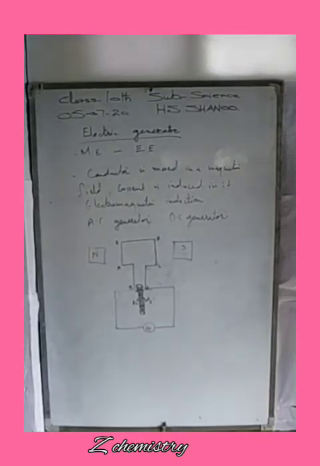When the axle attached with the two rings rotates, arm AB of the rectangle moves up, and arm CD goes downwards. Or we can say that the coil ABCD rotates clockwise. Due to this, induced current is set up in the arms.